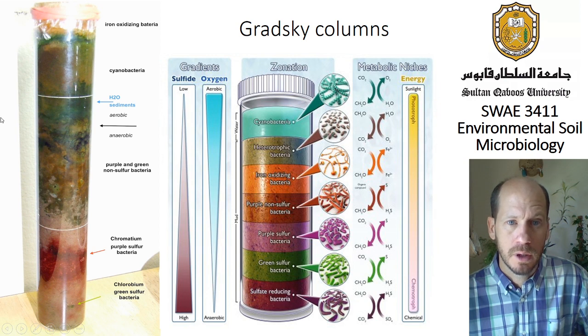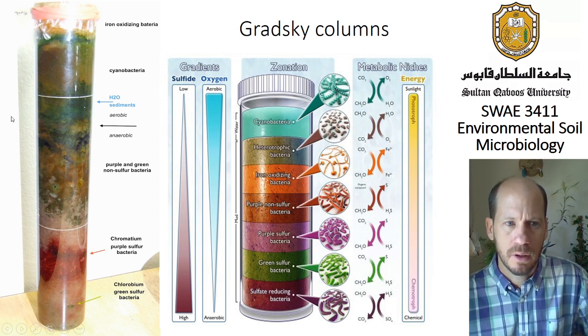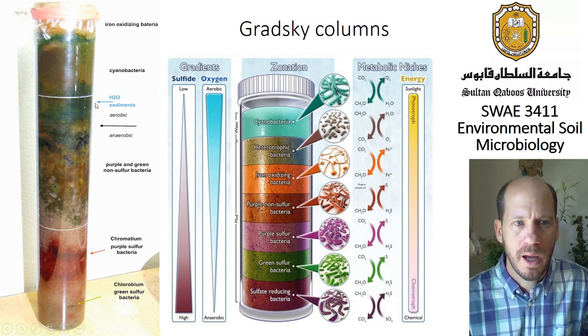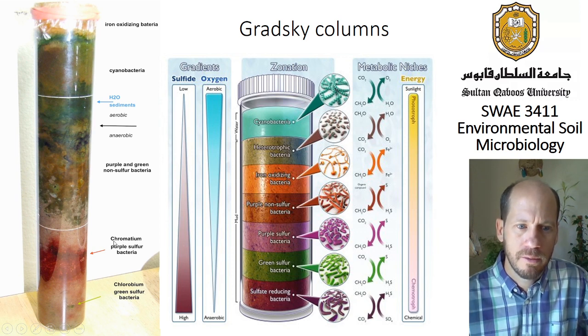I built my own Winogradsky columns in my office in the lab, but they were perhaps too anaerobic. You get a very high compression of the strata near the surface.